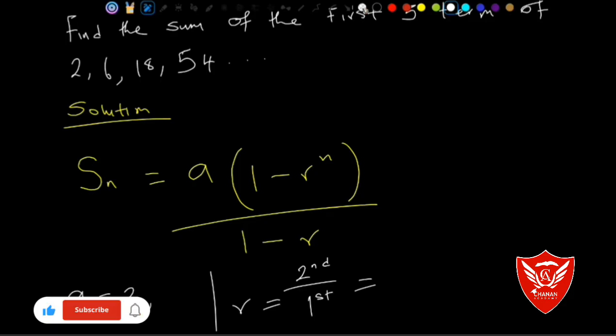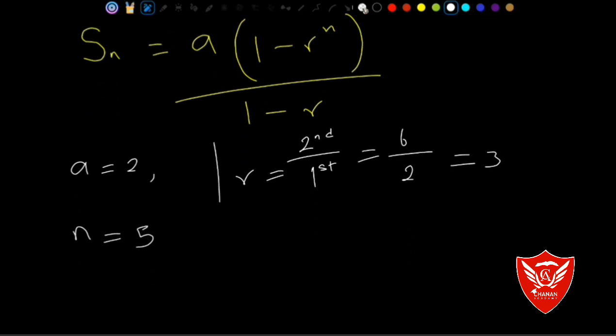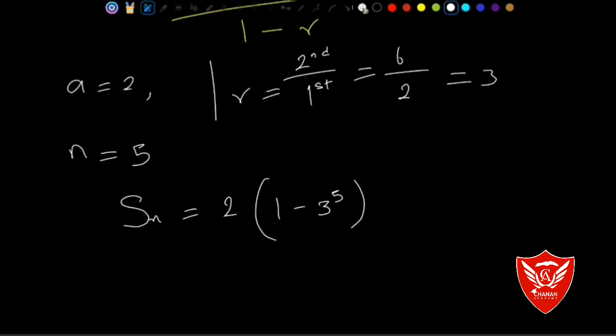The second term is 6, the first term is 2, and this is going to be 3. So our ratio is 3, and for the first 5 terms, n is going to be 5. So if we plug in our values, we are going to have Sn equal to 2 bracket 1 minus 3 raised to the power of 5 all over 1 minus 3.